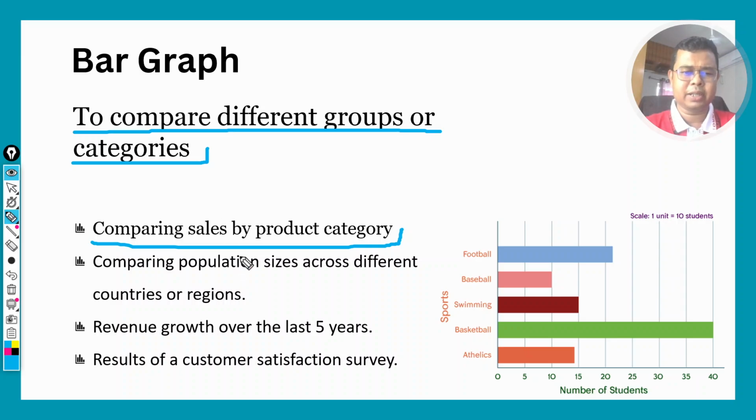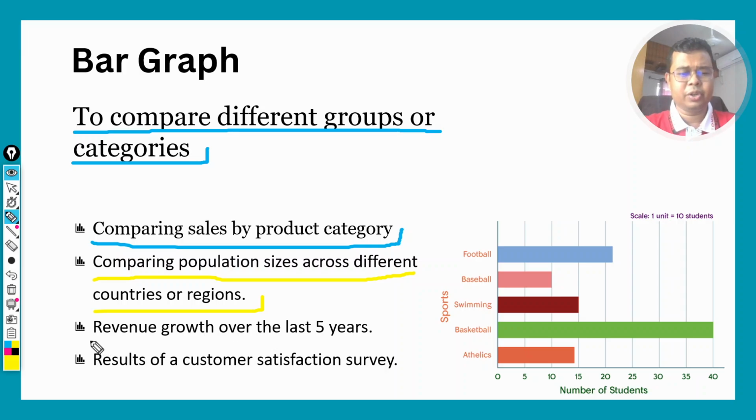So you can compare the sales by product category. On the other hand, let me change the color. Comparing population size across different countries and regions.